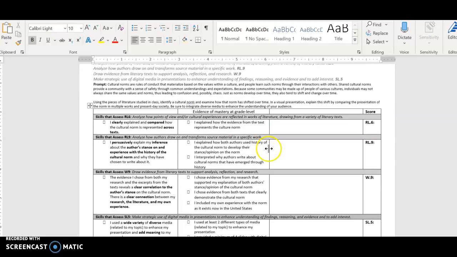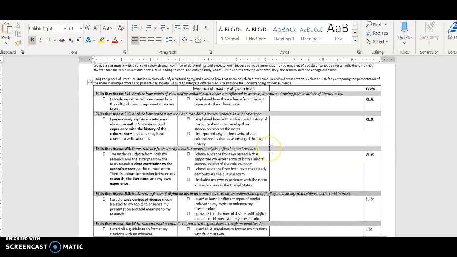Let's take a look at our rubric now, because essentially, you're just taking the things you've learned through this whole process and you're formatting it into a presentation that would help teach someone else what you've learned through this process. So this rubric, some of these things you're going to have already done, and you're just going to need to pull them from your writing and include them in the presentation.